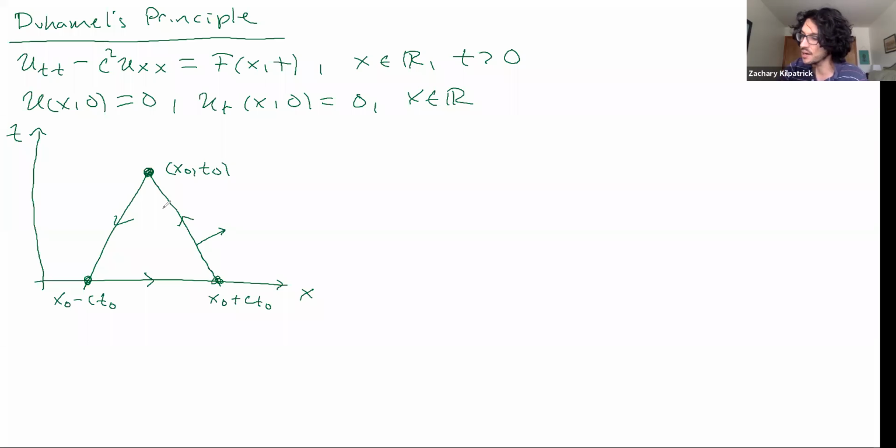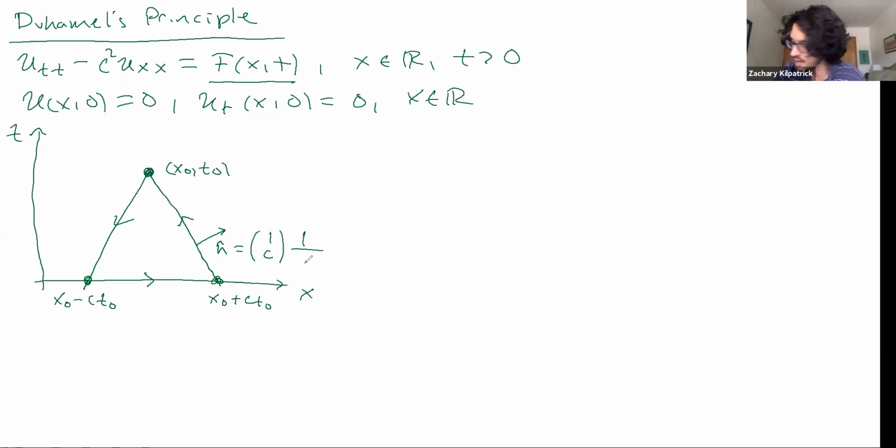Okay, and in particular, the thing that's new here is that it's going to depend on forcing there. So it's not just like you're propagating initial conditions anymore. There's new information basically at every point that's introduced by the inhomogeneity. And so key to using a little bit of vector calculus is to know the normals.